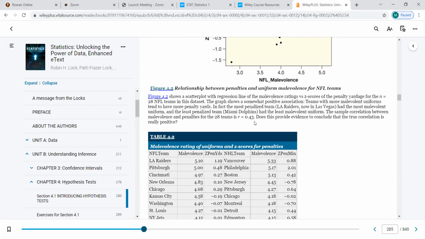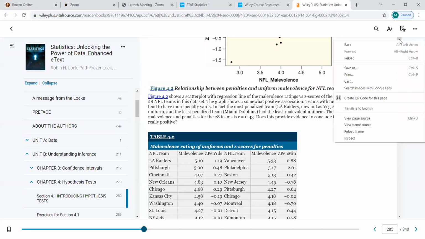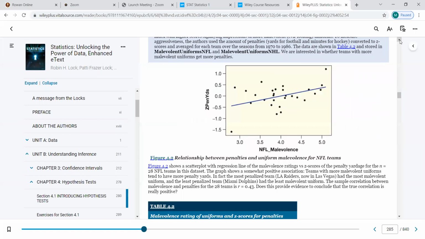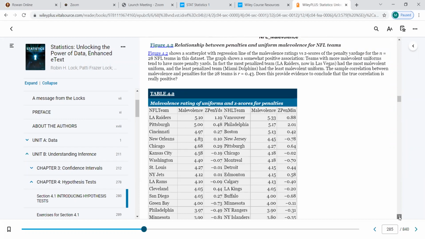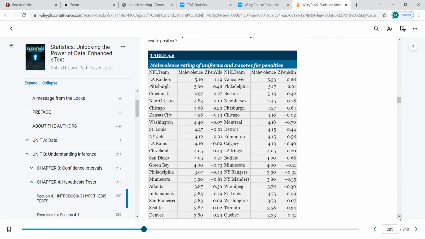In this case, we're looking at football teams and the correlation with malevolence of NFL players, I guess that has to do with what they're doing, and penalty yards, whatever. I'm not going to spend much time on this. Not everybody knows football, but sometimes if you're looking at a regression or correlation, you can do statistical tests on some of those measurements also.